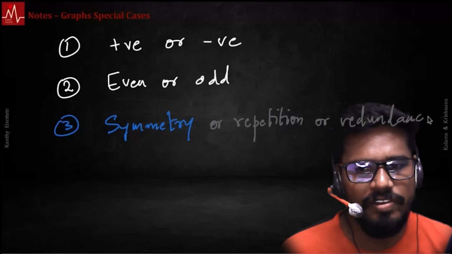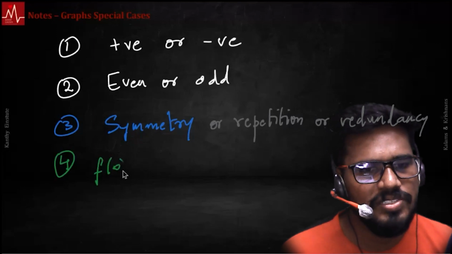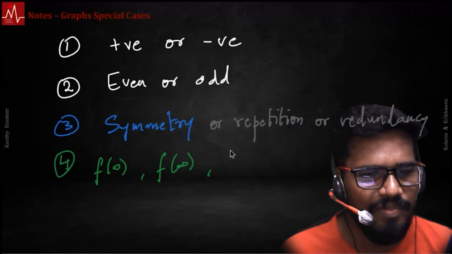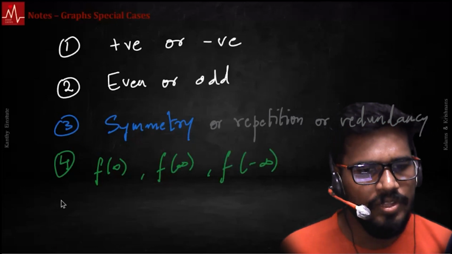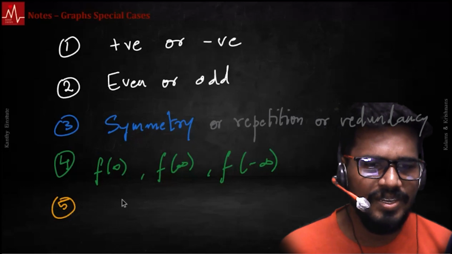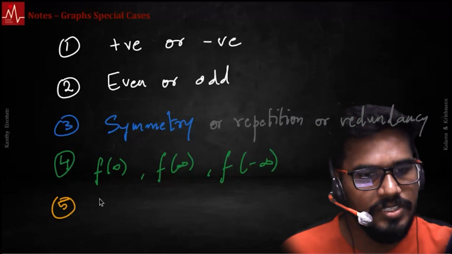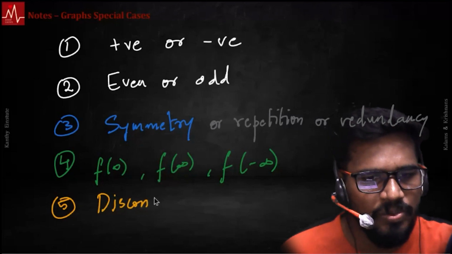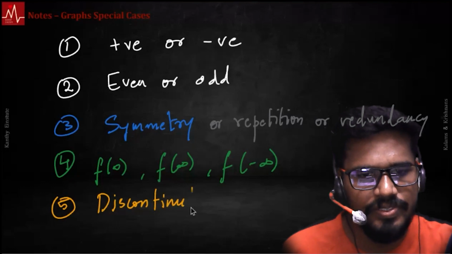Then quickly I'll check special cases: what is happening at 0, what is happening at infinity, what is happening at minus infinity. Can we quickly rule out any of the options? That is something that I do. Then, where are the maxima, minima? Discontinuities, sharp changes in slope, sudden jumps in value, continuities, right?